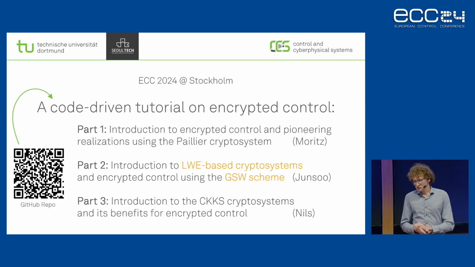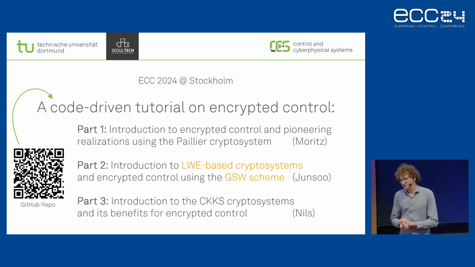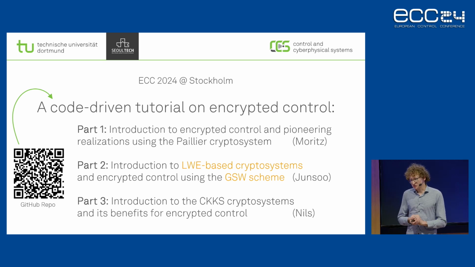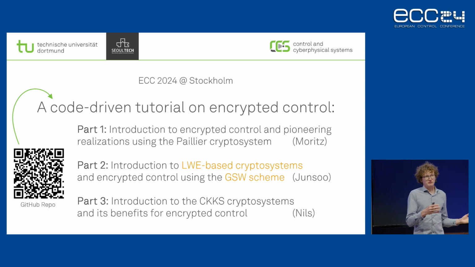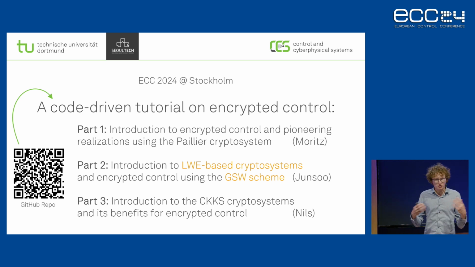In the second part, the LWE-based crypto systems will be at the heart. LWE is a special kind of crypto system which feels very different to what you might know about crypto systems.